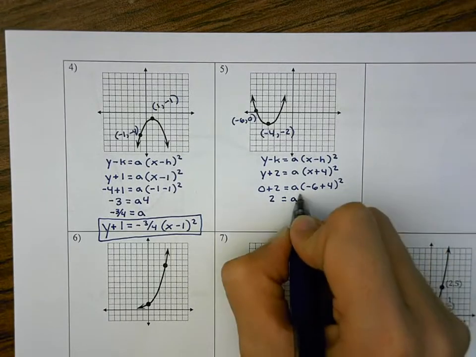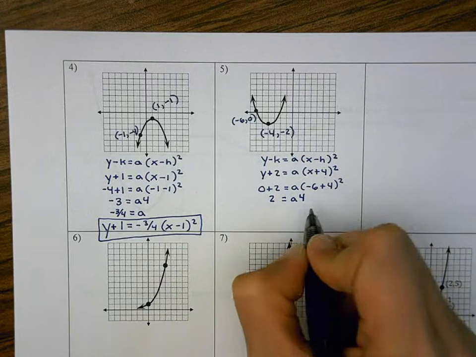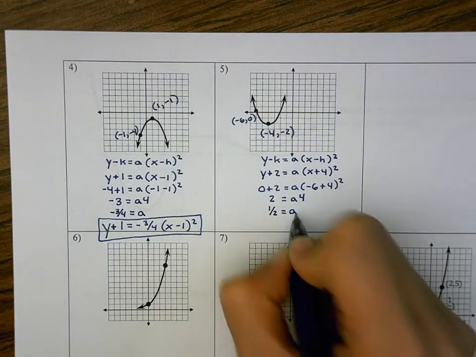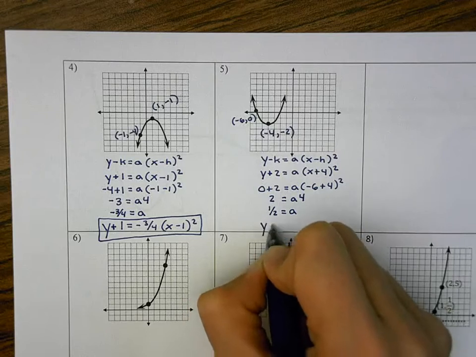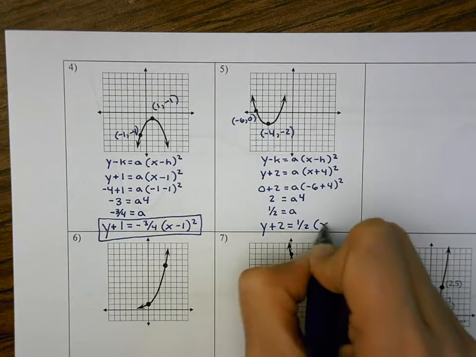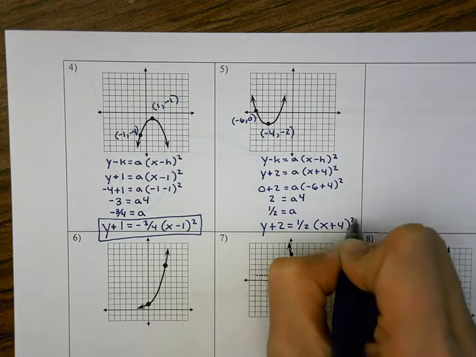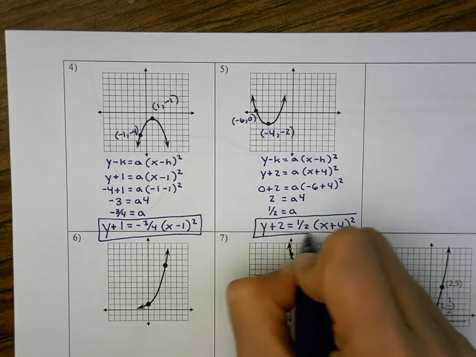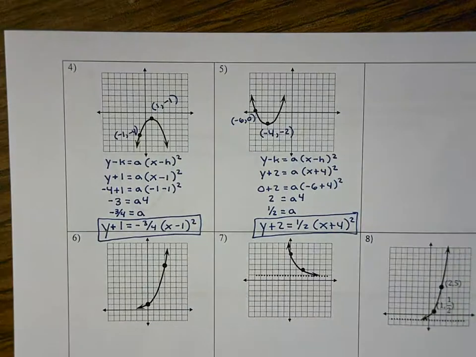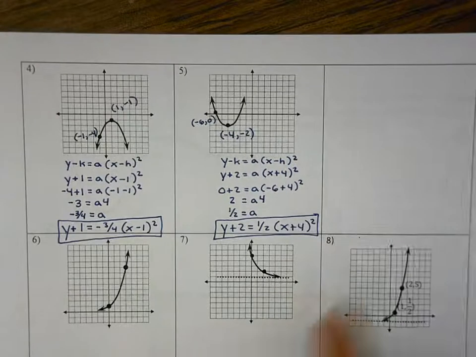Squared is 4. Dividing that 4 over, my A is 1/2. And I've got what I need for my equation. Okay, if there are questions on the quadratic, write them down now.